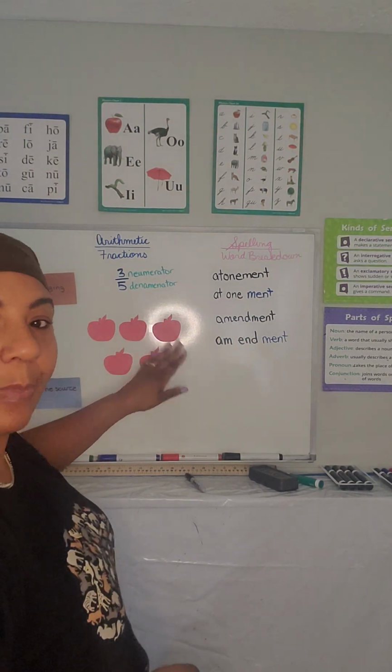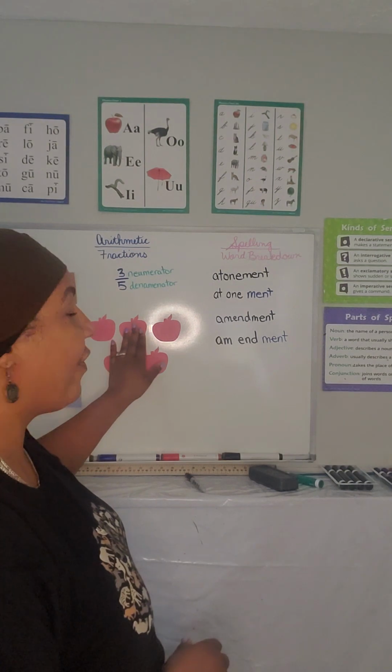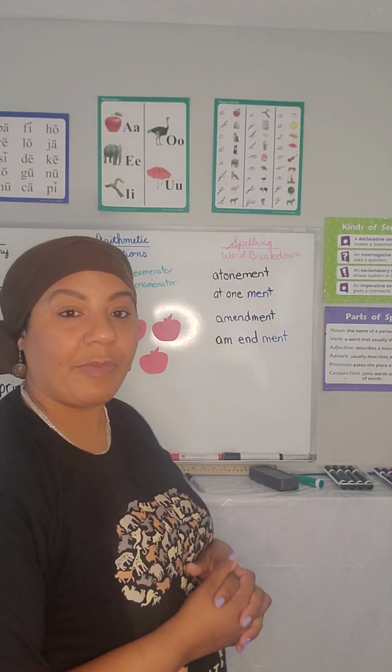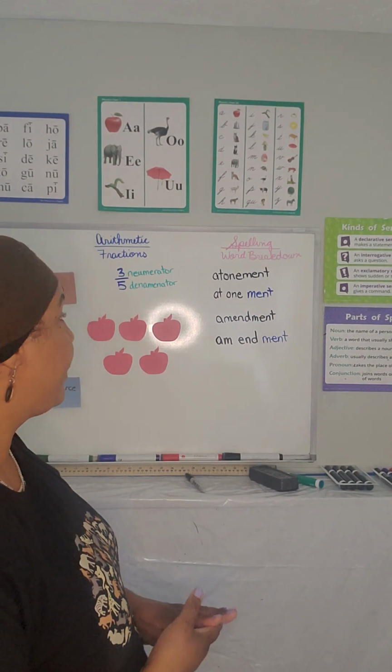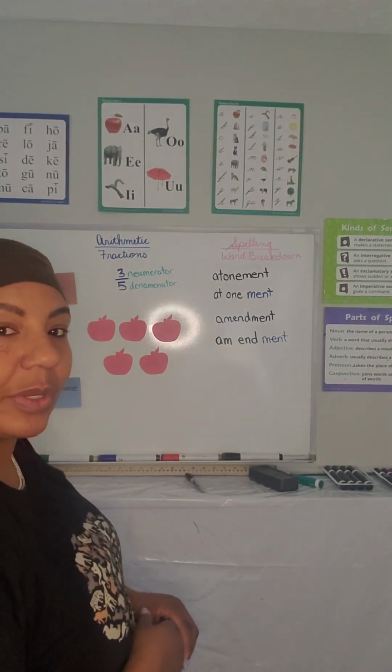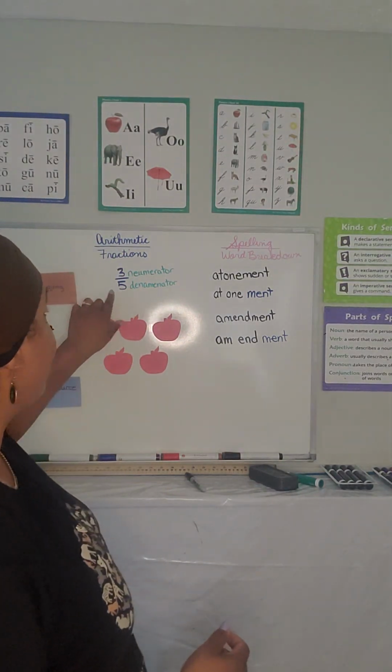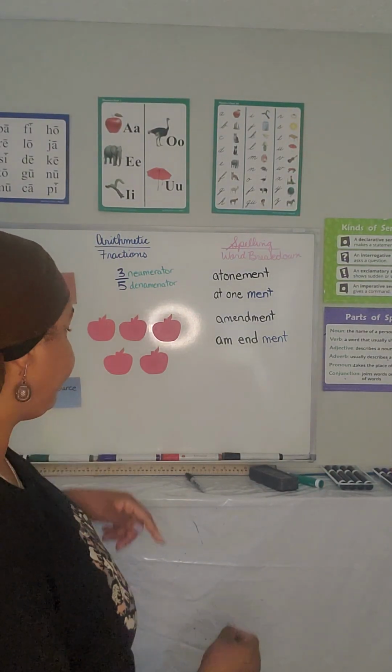So I have 5 apples up here. So we'll say, here are your 5 apples. And you can have the child count the 5 apples, say, can you count these apples for me? And they count and say 5 apples. Okay, you say, that's what we have all together. We have 5. And that is the denominator.